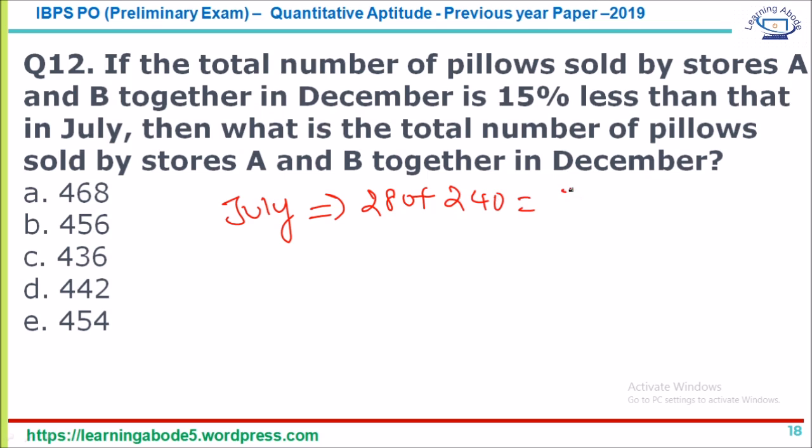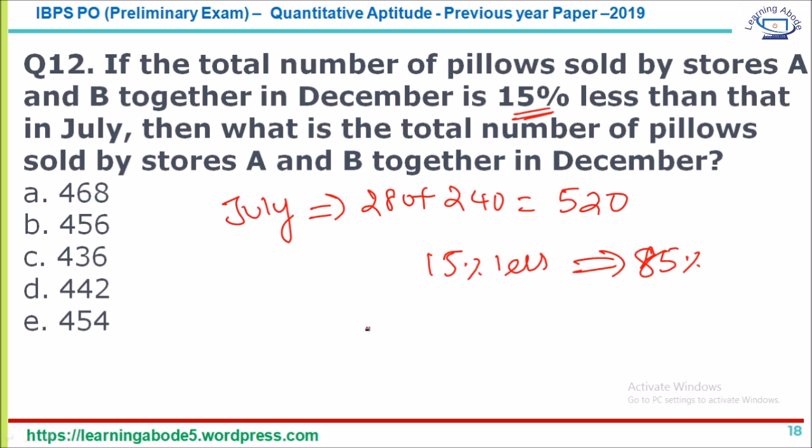That's 520. And as far as December is concerned, it is 15% less than July. So when I say 15% less, I can write it as 85%. Okay, if it was same as July, then it is 520. If it is 15% less, then the sales is 85% of July.